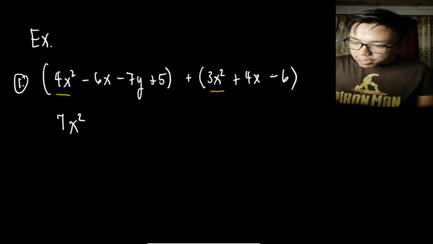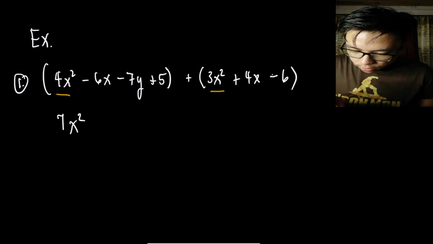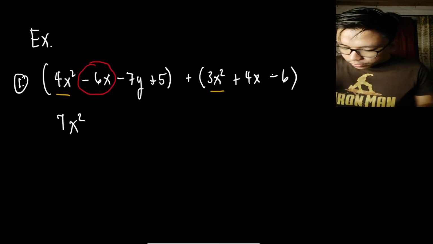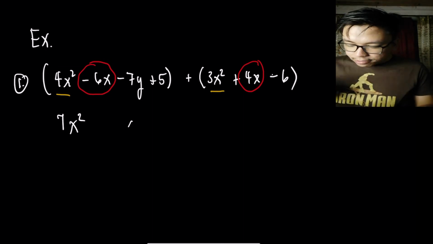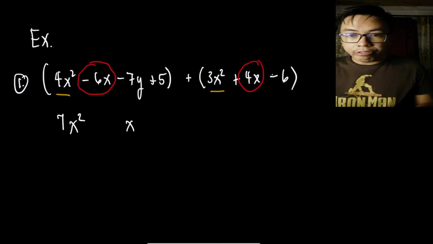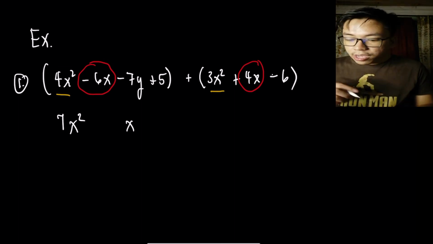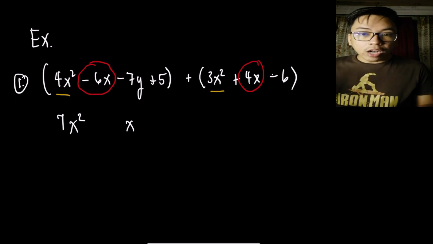Okay, next similar terms are 6x and 4x. Just copy the variable. I'm going to copy the variable x here, and I'm going to add 6 and 4. In this case, however, they have dissimilar signs. So 6 is negative, 4 is positive, so I'm going to subtract them. The answer is 2, and then I will copy the sign of the larger value.